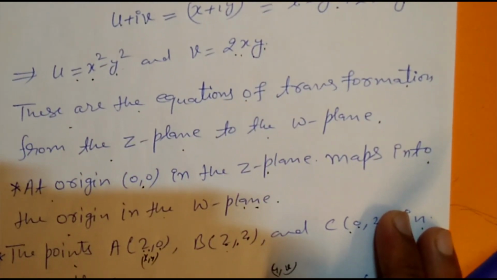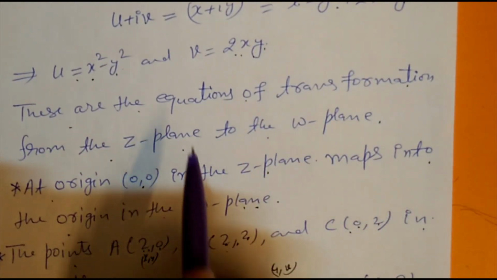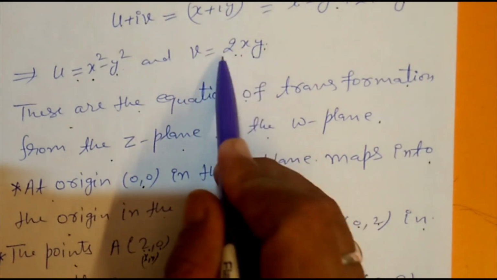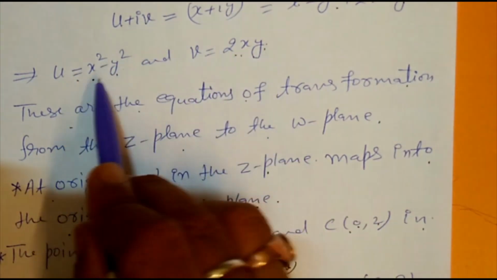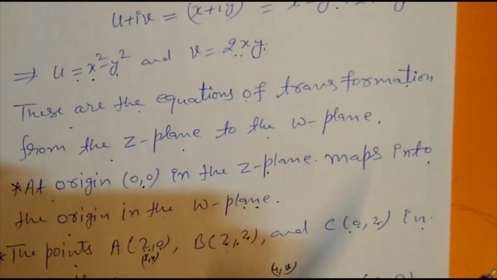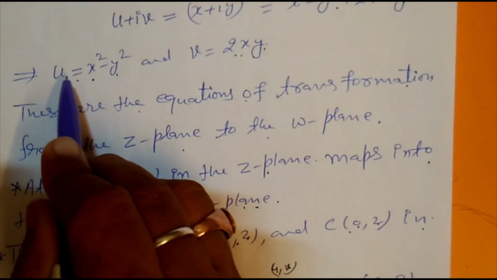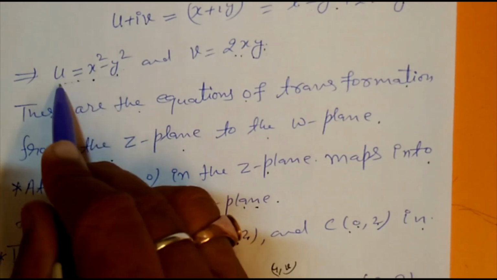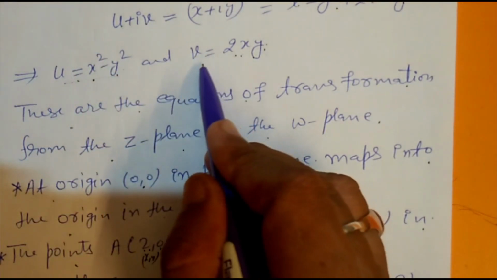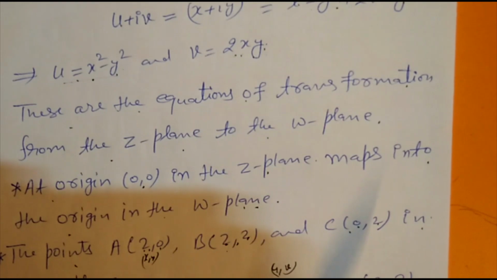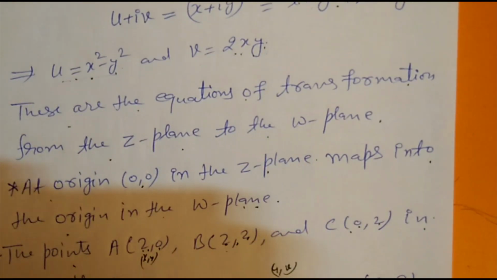Then we obtain u = x squared minus y squared and v = 2xy. So both these equations, u = x squared minus y squared and v = 2xy, give the transformation from z plane to w plane.